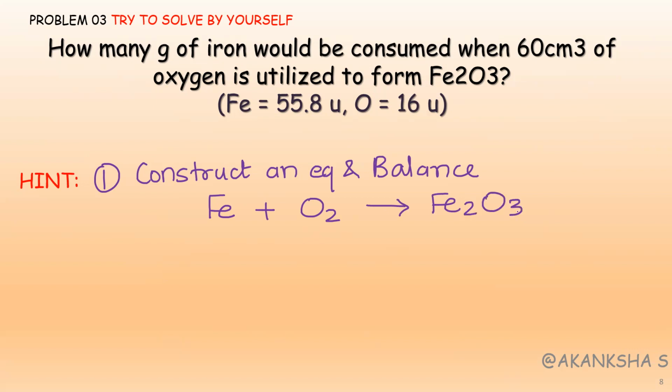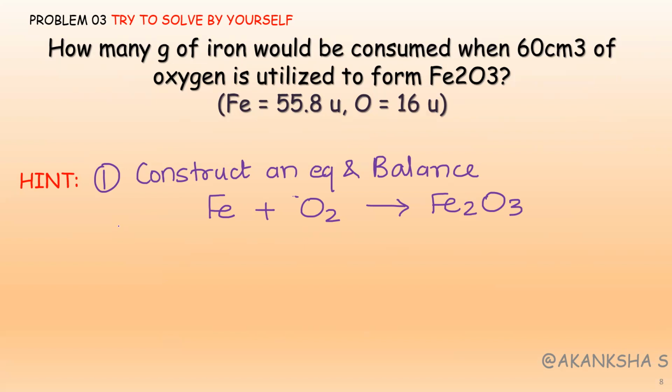Rusting process has been demonstrated over here. Iron is over here, it is combining with oxygen to give you Fe2O3, which we commonly call as rust. So this is the basic construction of the equation.